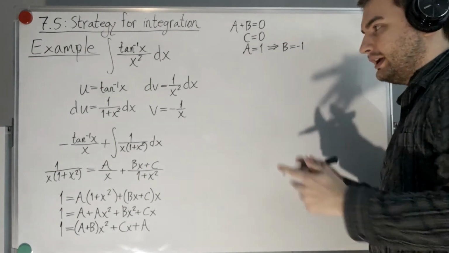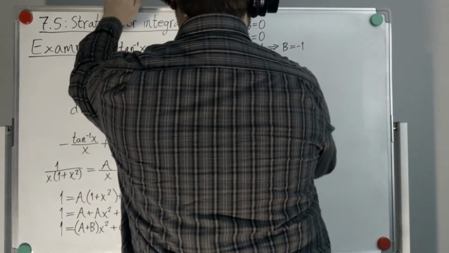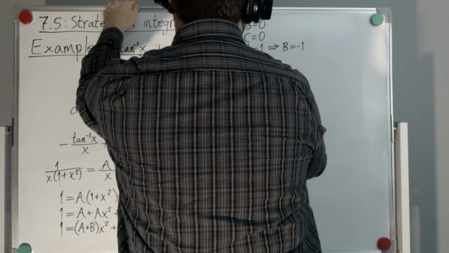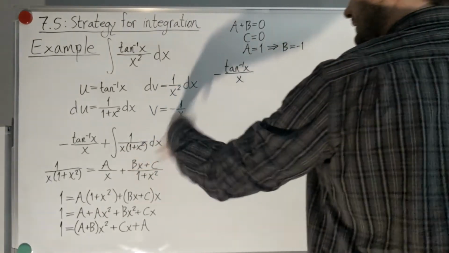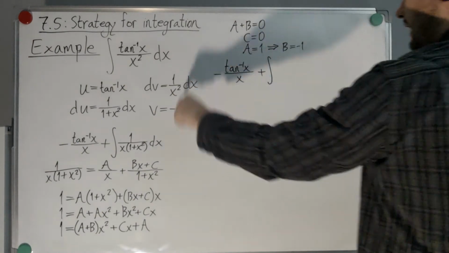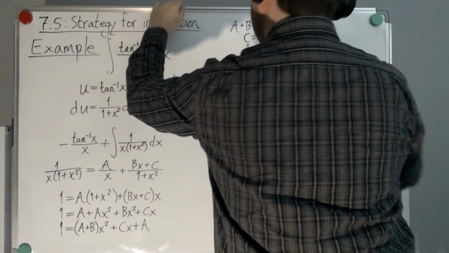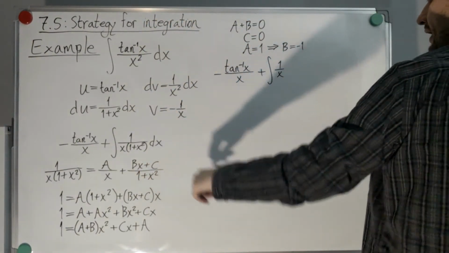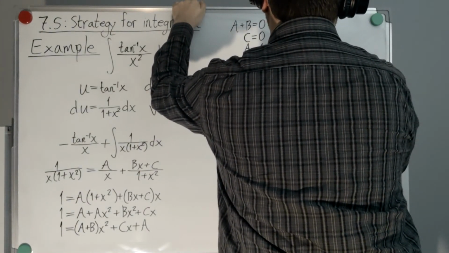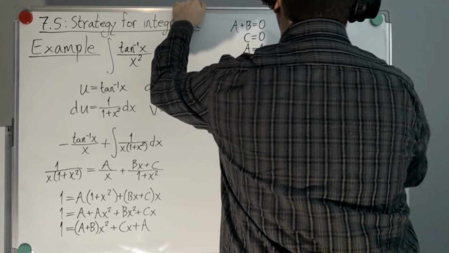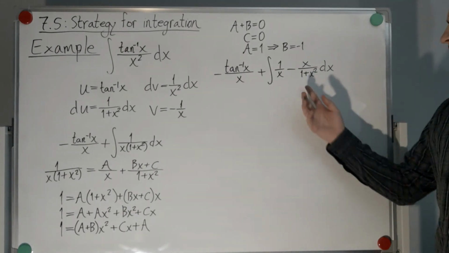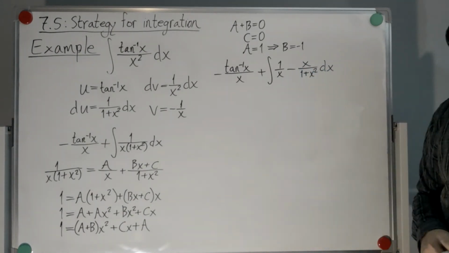So then this means that our integral now becomes, we still have negative arctangent of x divided by x outside, but then this part becomes the integral of 1 over x plus negative 1 times x divided by 1 plus x squared, so that's minus x over 1 plus x squared dx. This now we can just split apart into two different integrals.